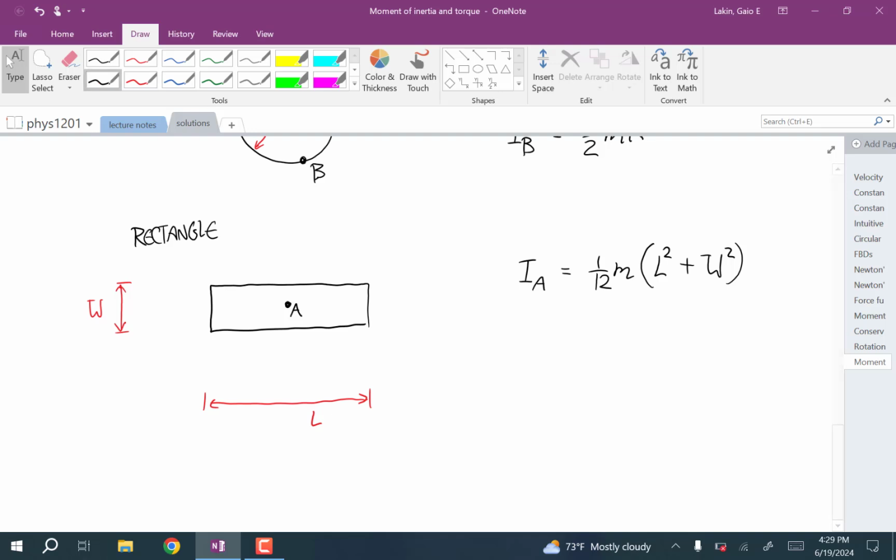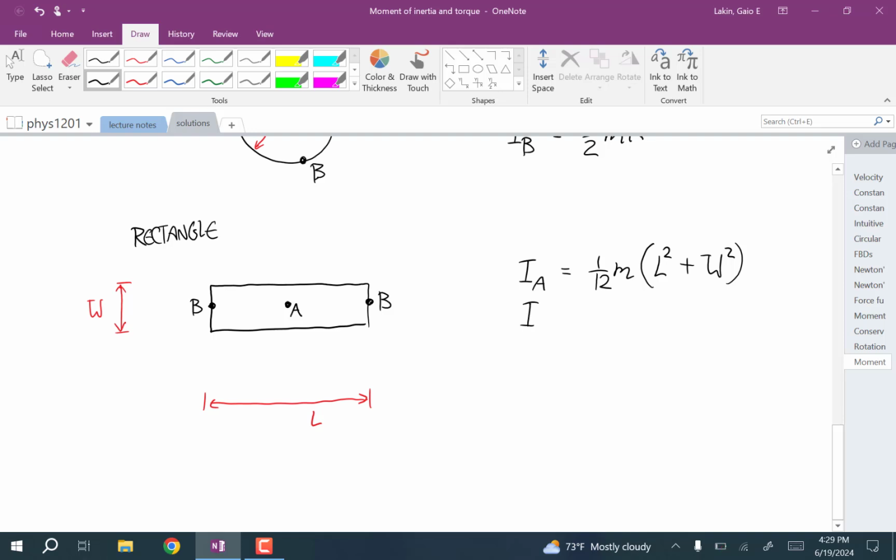The next possibility is, let's say that we're in the middle of the short side, but all the way at the extreme on the long side. So if the hinge or the pin is at either of these 2 points B, you would calculate this the same way.